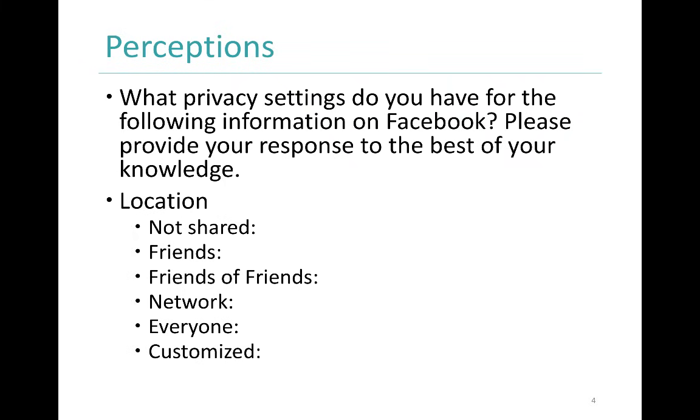I don't know where each of you will fit in, but here is the distribution of responses for this particular question. 33% said friends, friends of friends is 12.5%, network is 5.7%, everyone is 39%, and customized is 3.1%. So the privacy setting most commonly set for location is everyone.